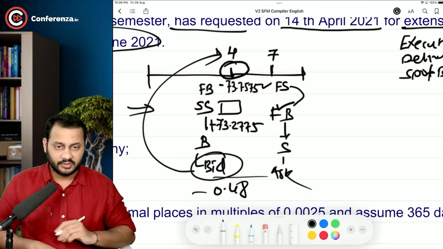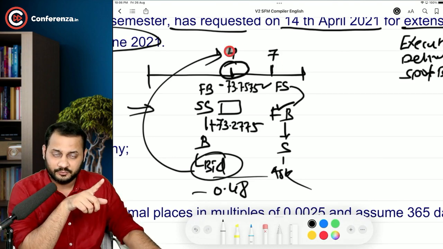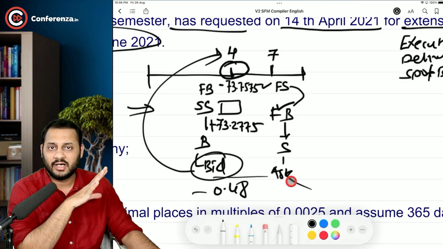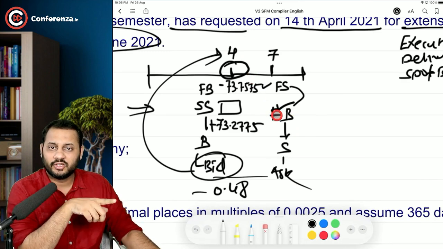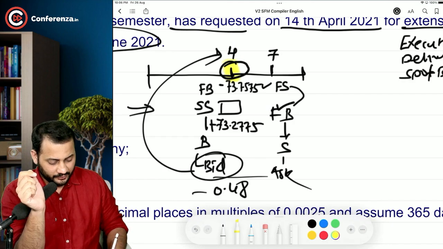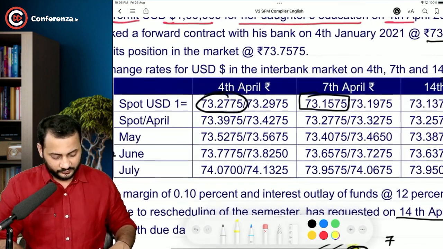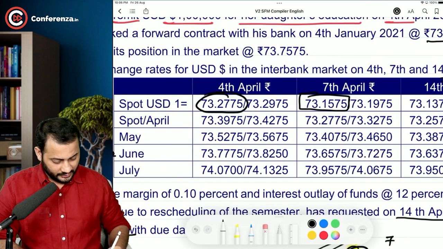Ask rate will be applicable. So closest on 4th April, closest forward buy contract, and that too at the ask rate. Buy is for us. So closest forward contract and ask rate. 3 things to know. On 4th April, closest forward contract, take the ask of it.